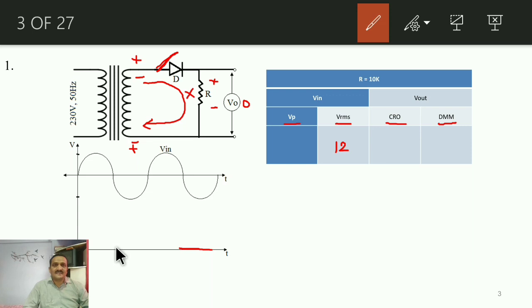Whenever you studied the half wave rectifier, you might have derived the average output load voltage as Vm by pi, VLDC equals Vm by pi. So once you calculate the value of this Vp and divide by pi, that will be the value of voltage measured by this DMM. It will be the same, is it?